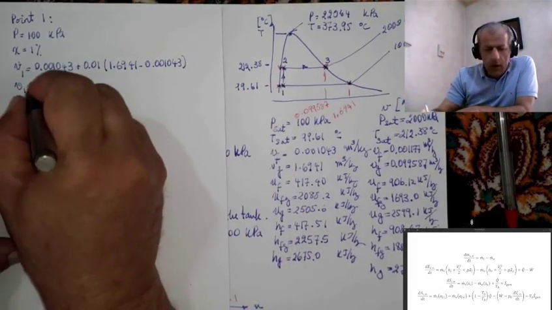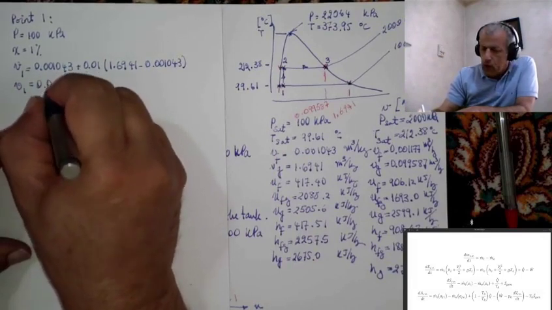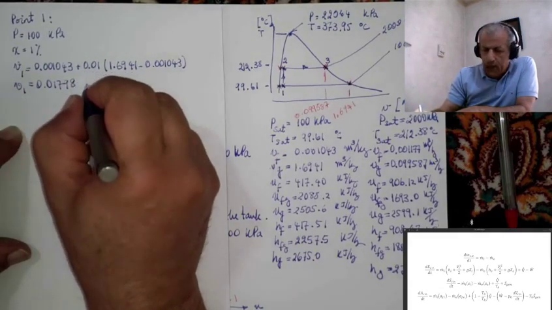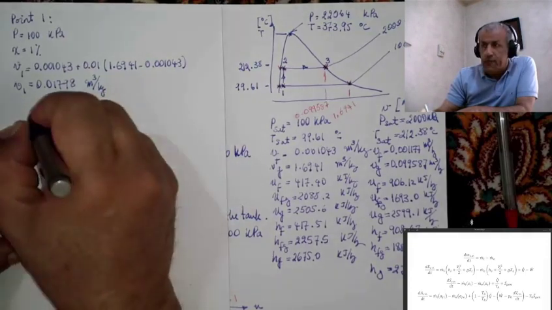And v1 would be 0.01798 cubic meters per kilogram.